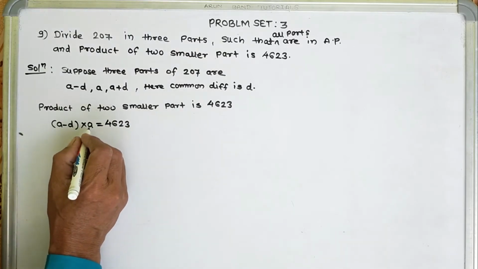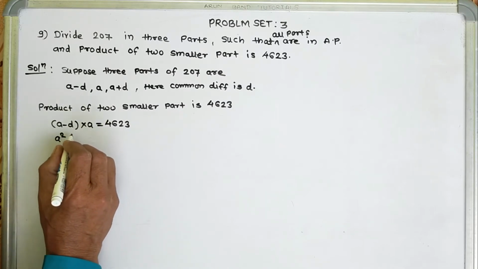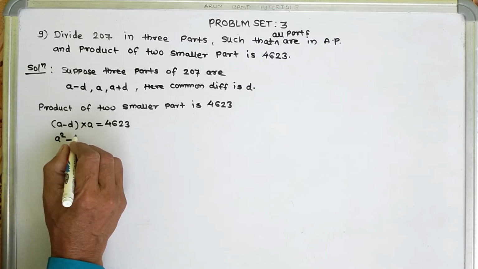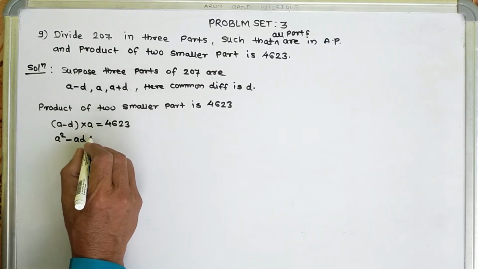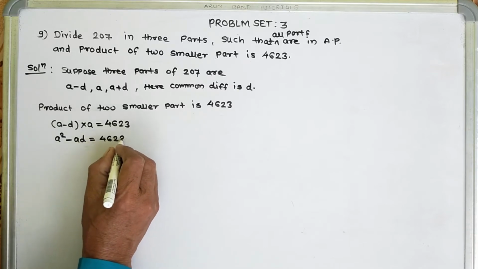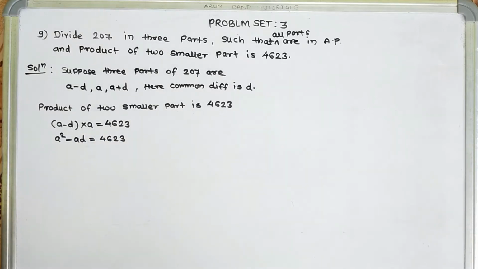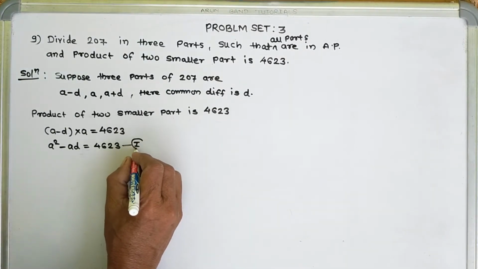Now multiply a into a, that is a square minus ad equal to 4623. This is our first equation.